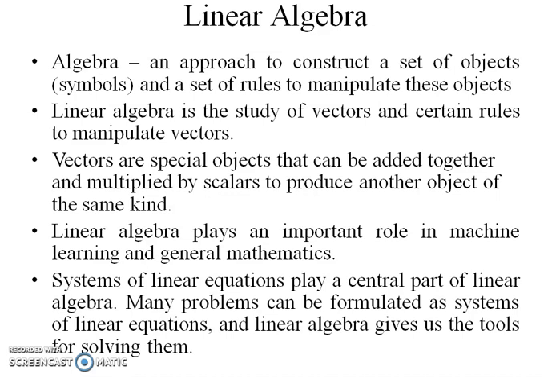Many of the vectors that you have learned earlier are geometric vectors. You might be aware of geometric vectors, which are represented like this. Vector A is one vector and vector B is another vector.